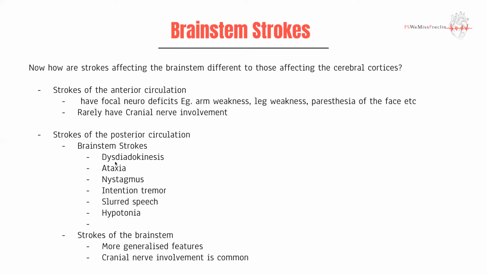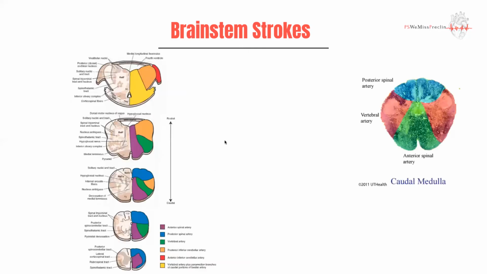So you present with dysdiadochokinesis, ataxia, nystagmus, and intention tremor, slurred speech, and hypotonia, all signs of cerebellar hypofunction. However, stroking out the brainstem is a bit weirder, in my opinion, because it presents with generalized features that don't really make sense unless you know what's going on. And a lot of them do involve cranial nerves as well. So let's try to make sense of that.